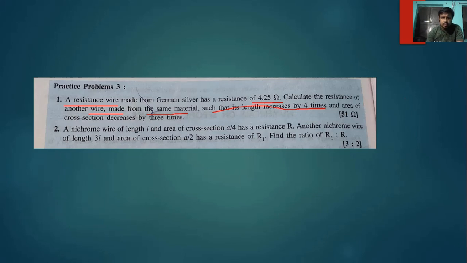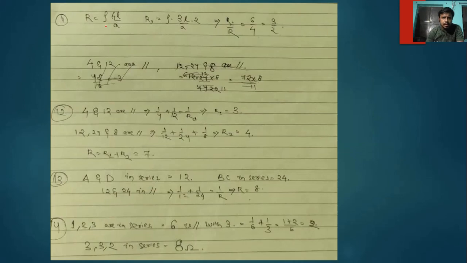R is given as 4.25, which is equal to rho into L by A. For the new wire, the length becomes 4L and the area decreases, so R1 is equal to rho into 4L by A by 3.